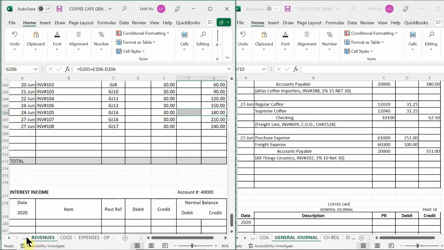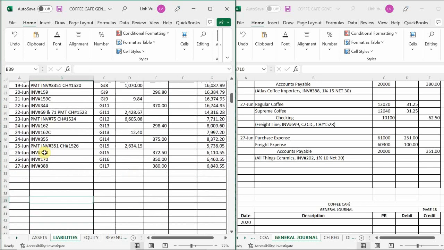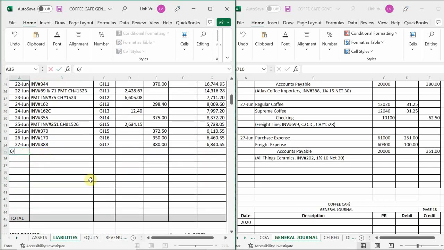And because I'd never paid for it, I need to also put it into my accounts payable for invoice number 202, for $351, which will increase your liabilities to $7,191.55.